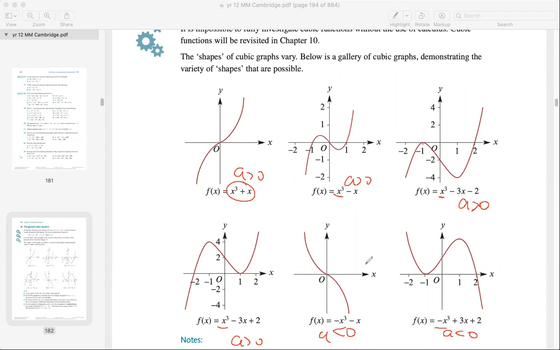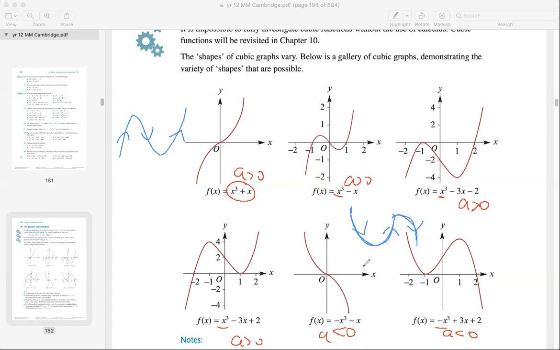We can clearly see that when a is greater than 0, our graph generally looks like this: up, down, up, normally. And when a is less than 0, it goes down, up, and down again. This is called the general shape of the cubic functions.